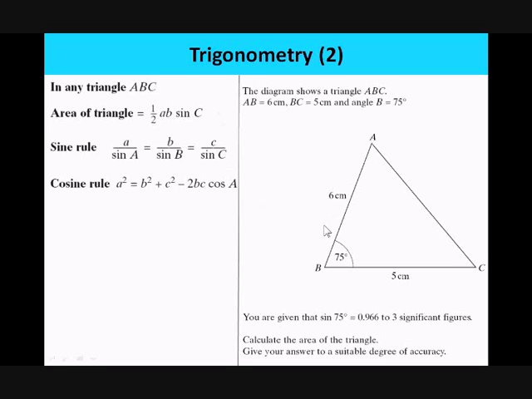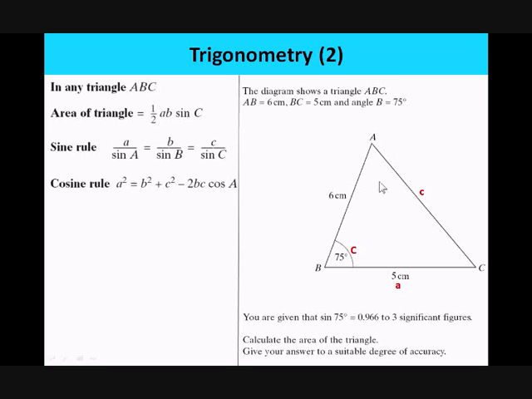Now first of all we're going to have to label this triangle so that it matches our formula. In our problem the angle is this 75 here, but in the formula the only angle is angle C. So we actually need to relabel this so that the 75 is C and not B. Then the side opposite is side c.